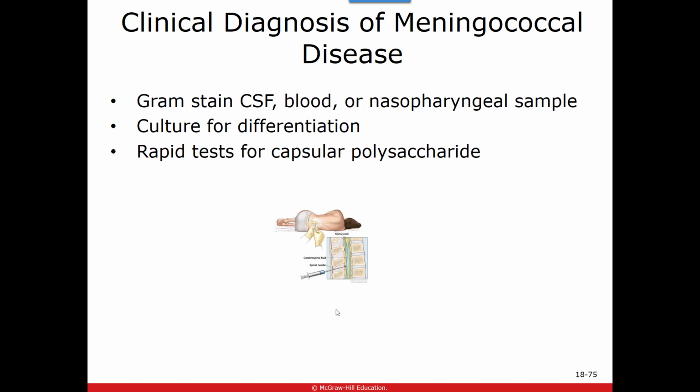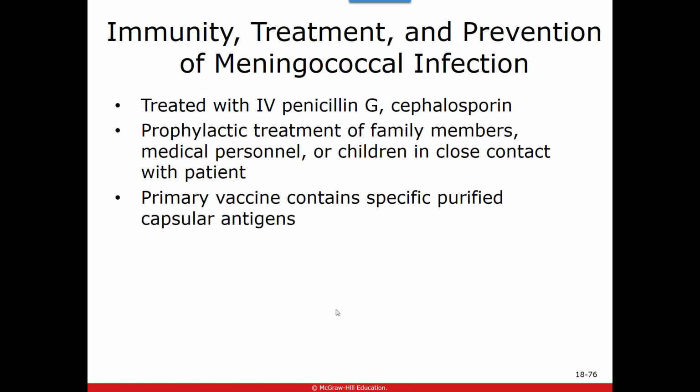Now, treatment, usually IV at that point. If you've got symptoms, you need to get antibiotics in your body ASAP. So treat it with penicillin through an IV. Cephalosporin can also work. And usually if you're diagnosed with Neisseria meningitidis, they're going to give antibiotics to everyone you've been in close contact with.